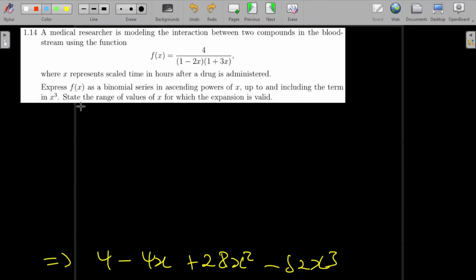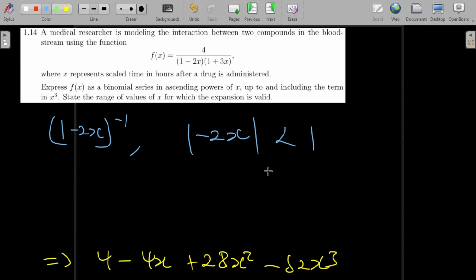So what was the other question? State the range of values of x for which the expansion is valid. The first one we had was (1 - 2x)^-1. To find the values that are valid, the modulus of -2x should be less than 1.